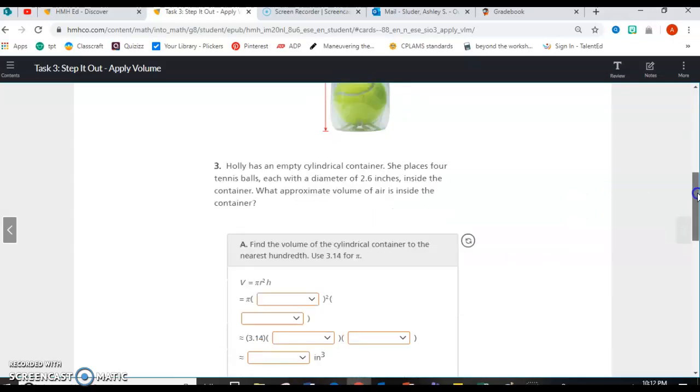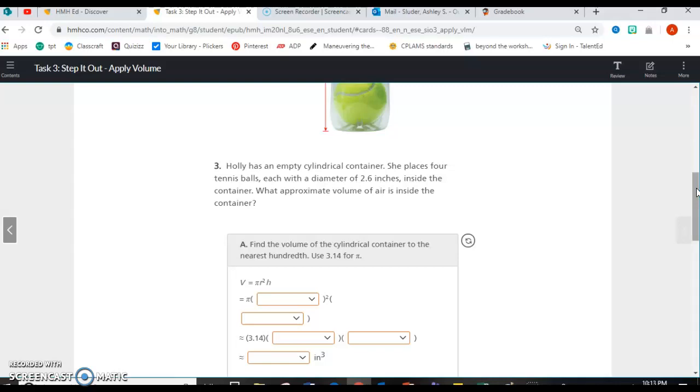So we have this interesting question that states, Holly has an empty cylinder container. She places 4 tennis balls each with a diameter of 2.6 inches inside the container. What is the approximate volume of air inside the container?